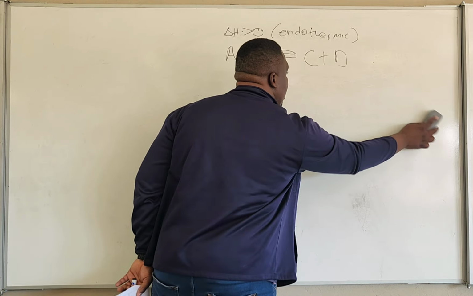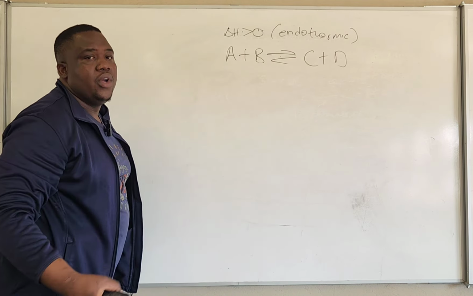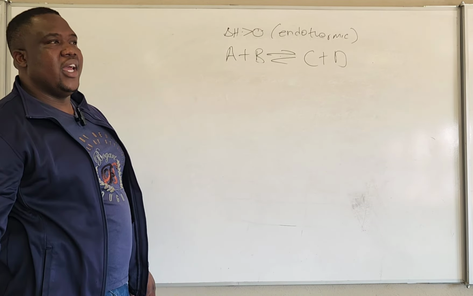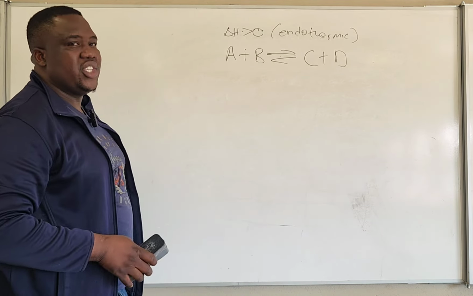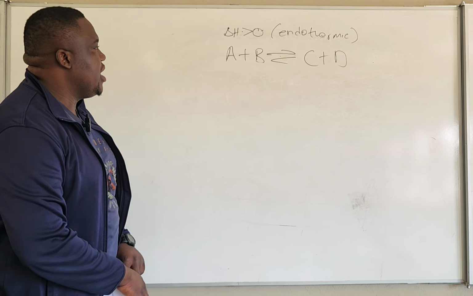Next time when you come across a question like this, you see delta H is greater than 0, it means that the reaction is endothermic. The forward reaction is endothermic. Which one is the forward reaction here?